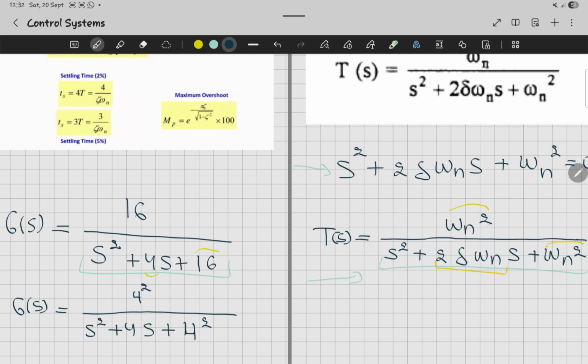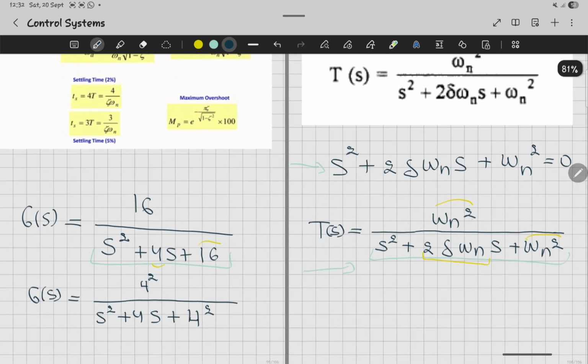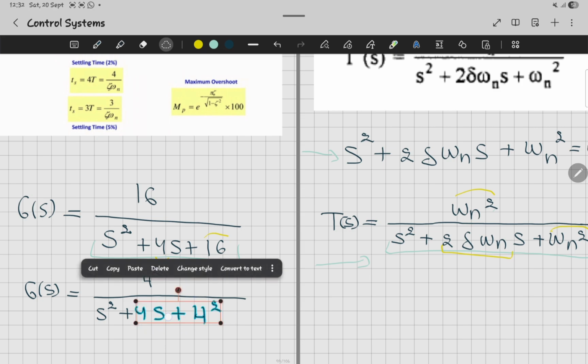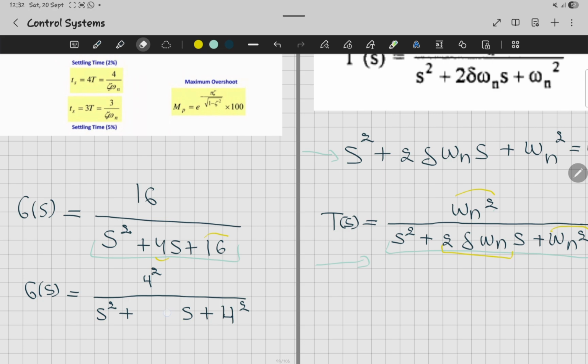That's what you see there. I can even write it further down so you can see what is actually happening here. We can write it in terms of 2 times 2.